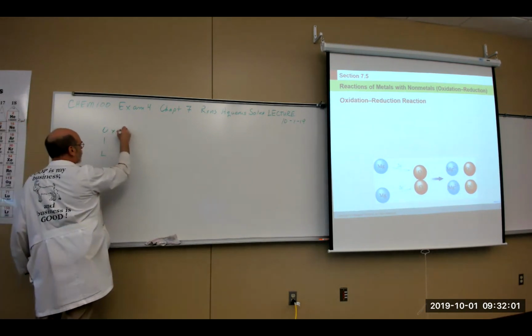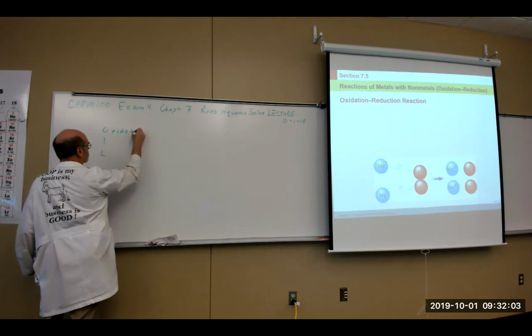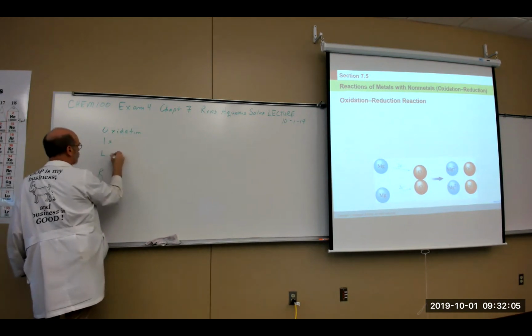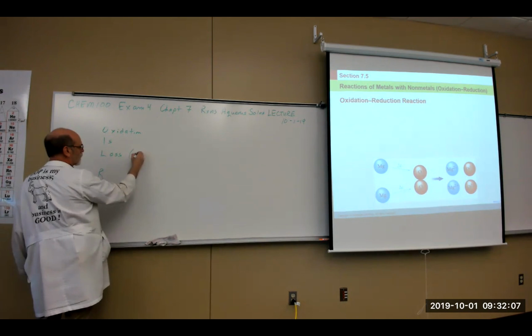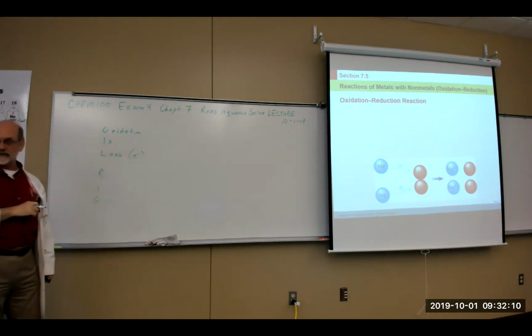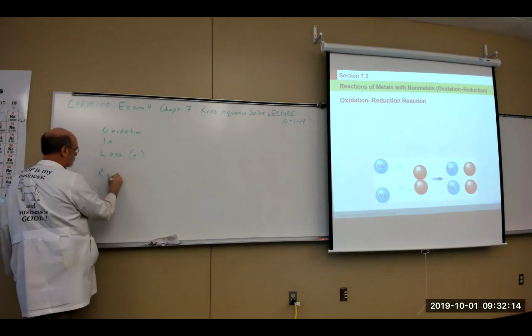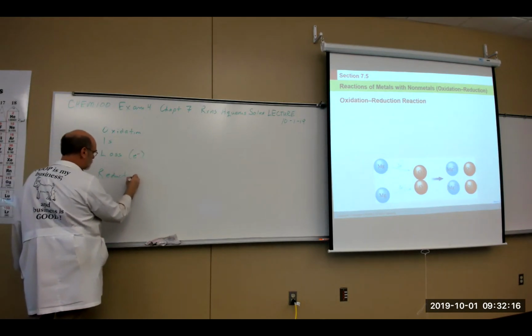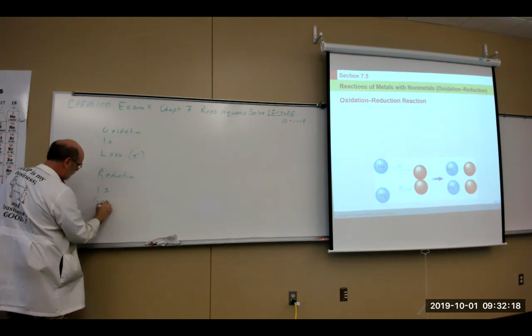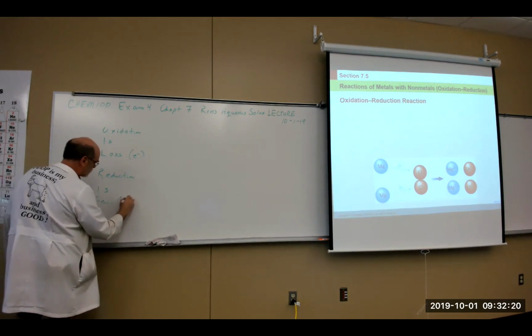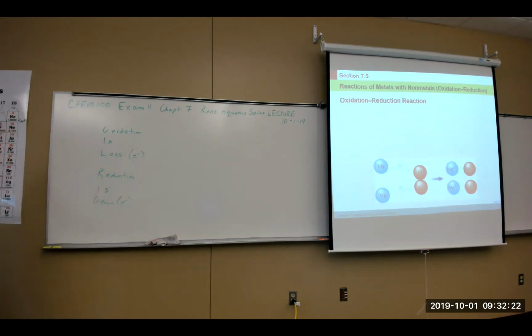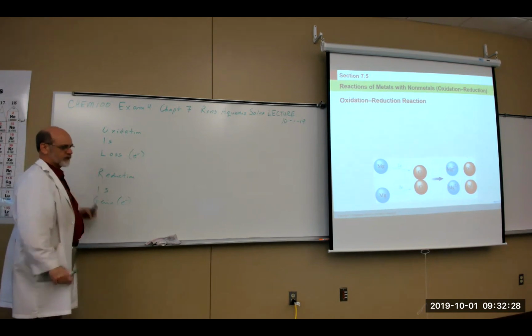Okay. Oxidation is loss, and we're referring to electrons. Loss of electrons is oxidation. Reduction, you can probably fill this one in. Reduction is gain of electrons. Okay. OIL RIG tells you, if you need a mnemonic to go back to: oxidation is loss of electrons, reduction is gain.